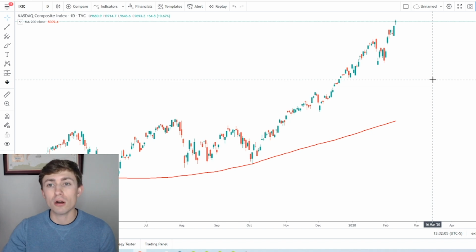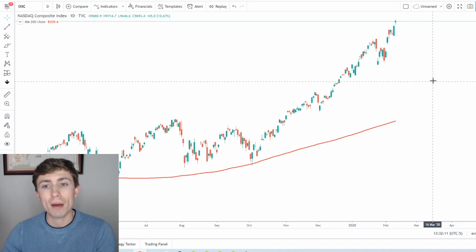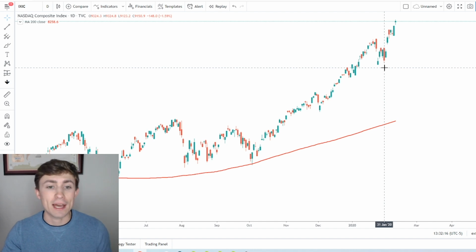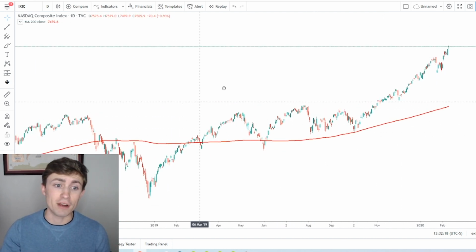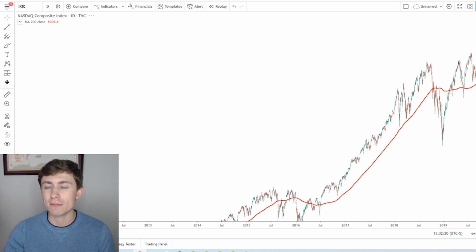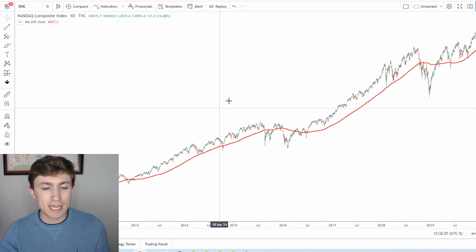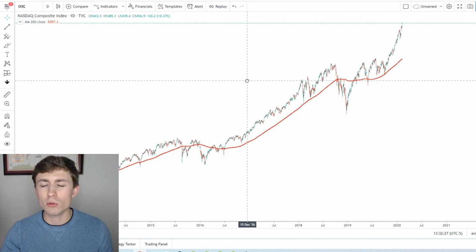But if you want to go long, that's the other side of the equation. How do we go long? How do we buy into a market that's doing this sort of thing? Well, my personal opinion is to look for dips, look for pullbacks, and to trade the dips. As for the long term, this has been very, very successful. If you've been buying and selling on dips over the last 10 years, this has been a beautiful strategy.